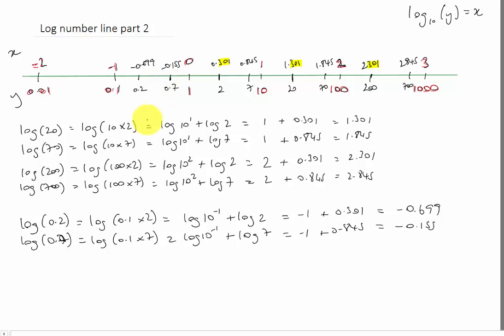So all the numbers that are smaller than 1 have logarithms that are negative, and again we see the same pattern of the numbers getting more squashed up as we get towards the round numbers. Okay, and then one last one, so log of 0.02 is the same as the log of 10 to the minus 2 plus the log of 2, so that's minus 2 plus 0.301, so that's minus 1.699.